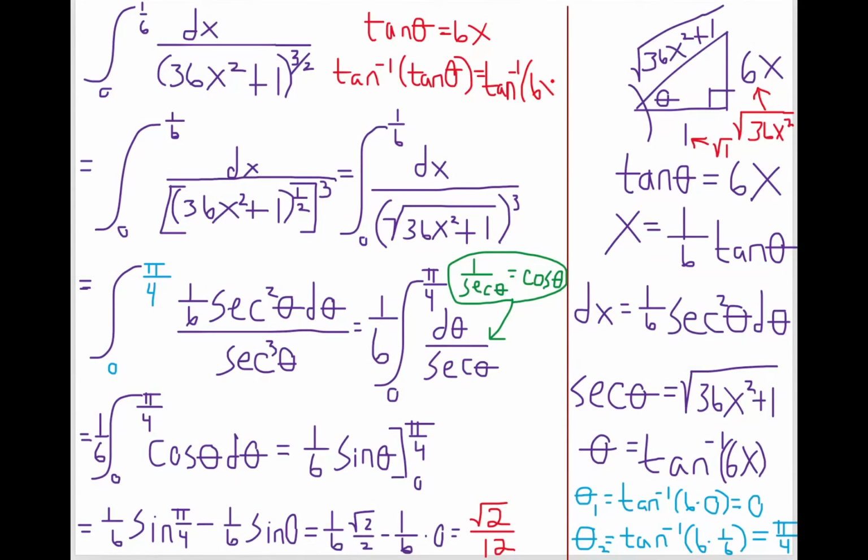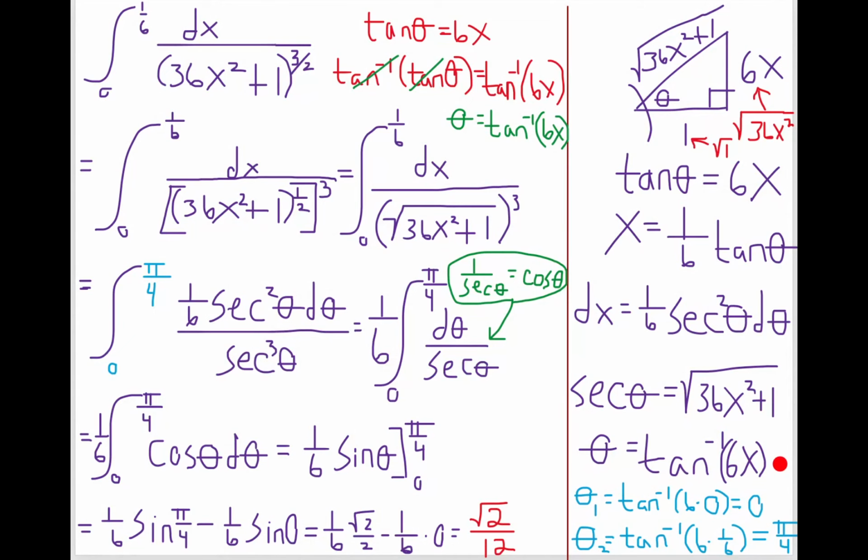When I do that, the tangent and the inverse tangent cancel. This is a composite right here. And so we're just left with theta is equal to inverse tan of 6x, which is what we see written down here.